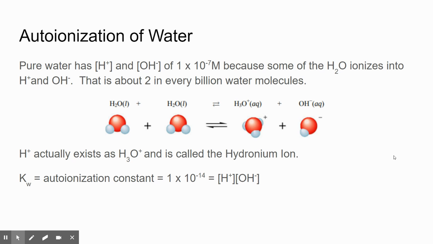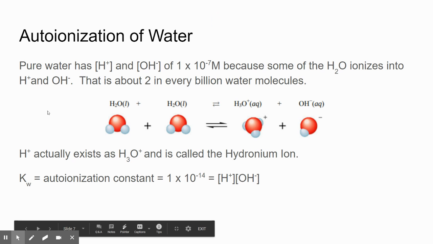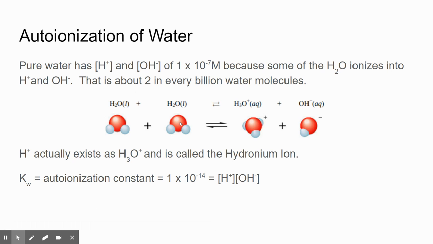Okay, so first thing, before we talk about Ka and Kb, we have to understand this idea of the auto-ionization of water, because this is really where the pH scale comes from. This idea that water will auto-ionize means that when we have pure water, not all of the molecules are actually H2O.